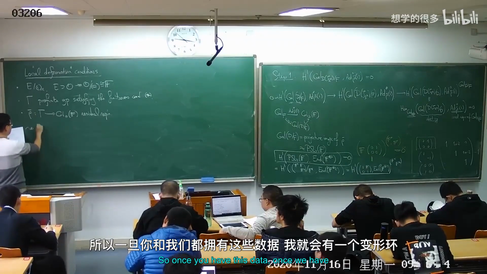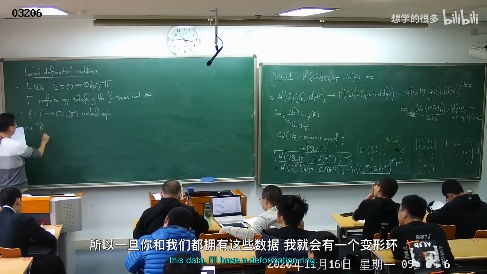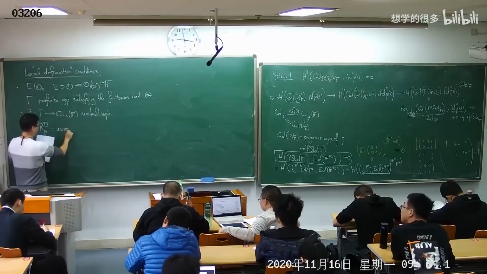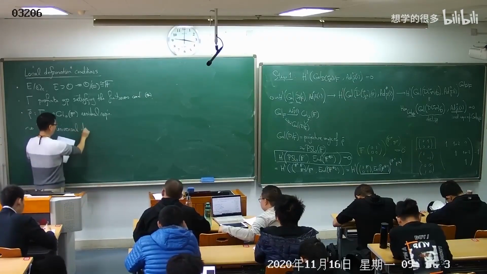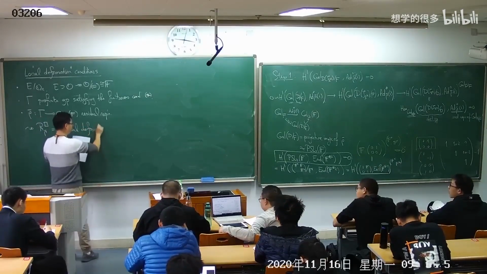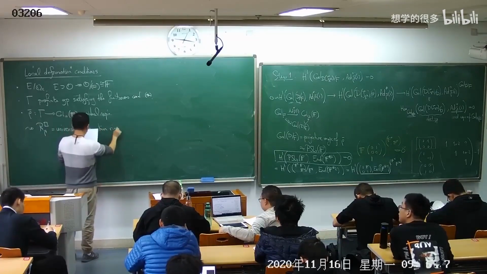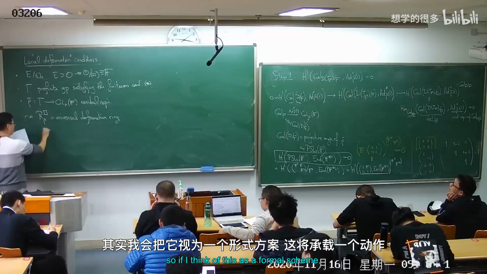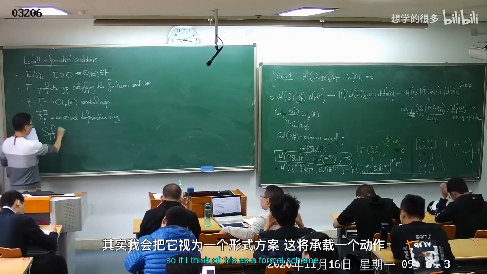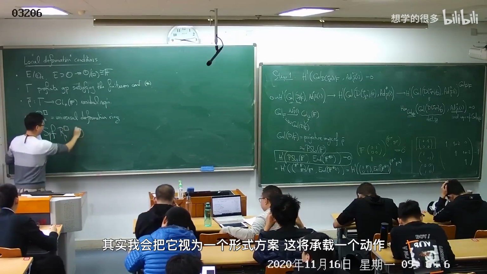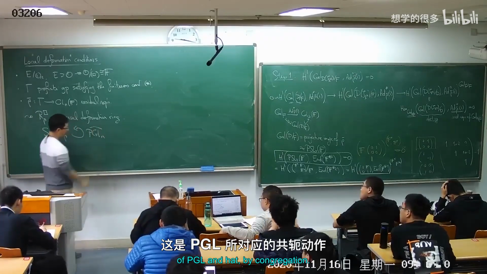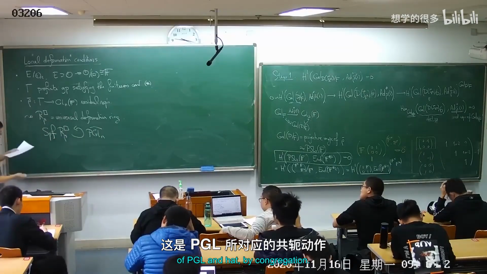So once we have this data, I'll have a deformation ring. And if I think of this as a formal scheme, this will carry an action of PGL_N hat, by conjugation.